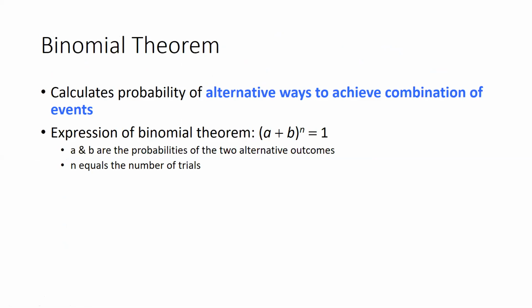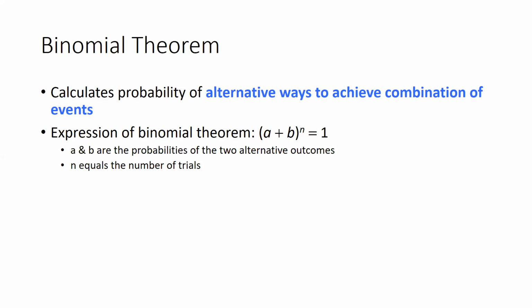So I know you guys haven't gotten into this part yet in lecture. So I'm going to go through this as gently as possible because I don't want you guys to get freaked out just looking at the word binomial theorem. So essentially, this is another way to calculate the probability of alternate ways to achieve a combination of events.